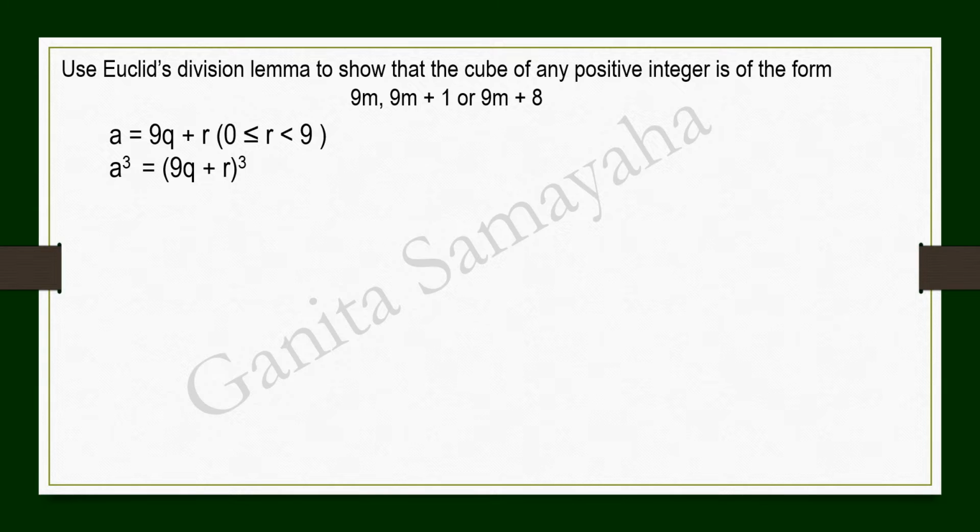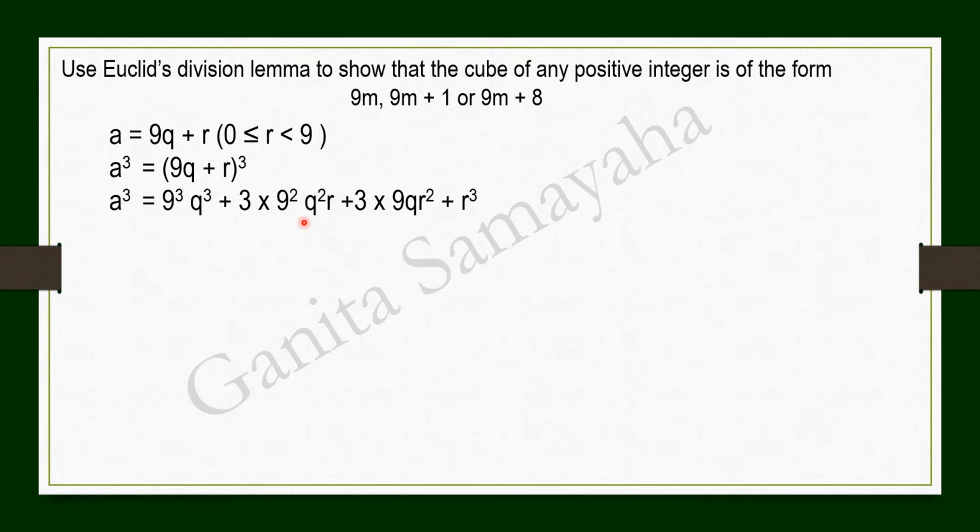Very simple. a cube plus 3a squared b plus 3ab squared plus b cube. So let us use that formula and expand this. We have a cube equal to 9q whole cube, which is nothing but 9 cube into q cube, plus 3 into a squared into b, 3 into first term squared, 9q squared.